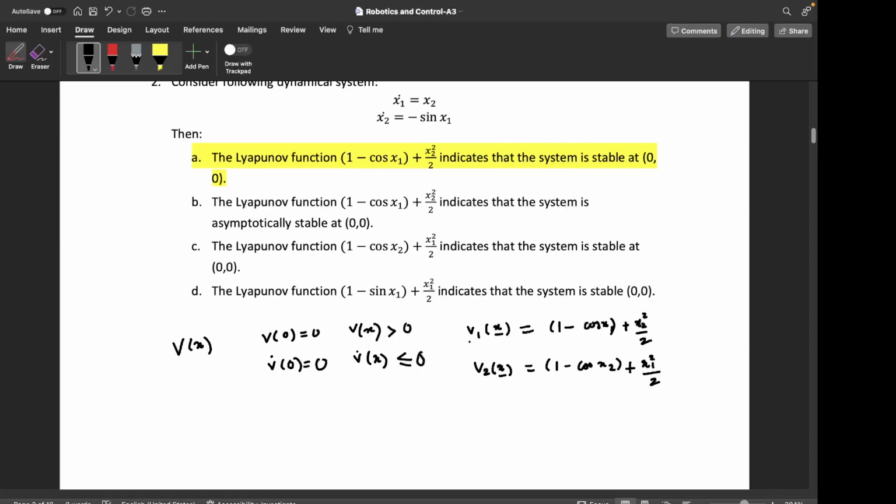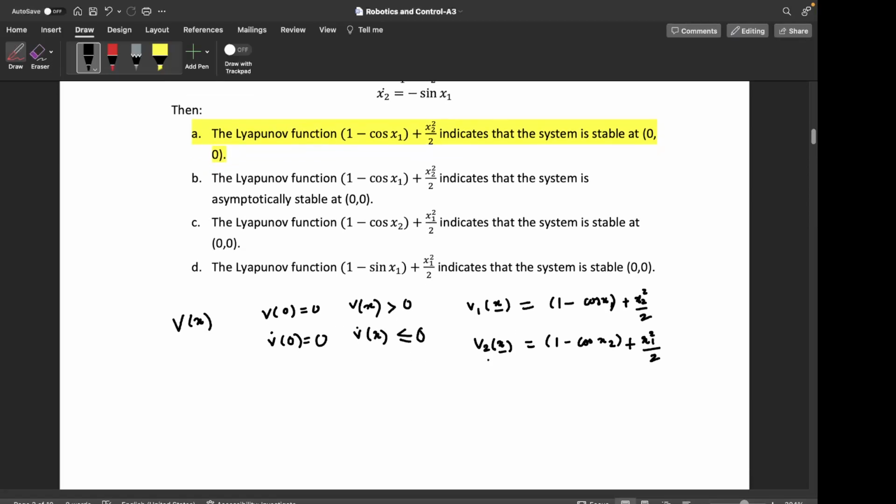So we have to verify these conditions one by one on both these functions. The first condition, that V(0) is 0, is quite obvious. Cos at 0 is 1, and this will also be 0.